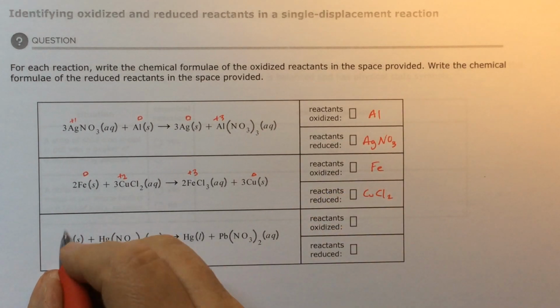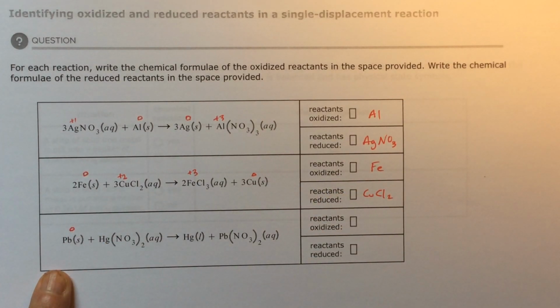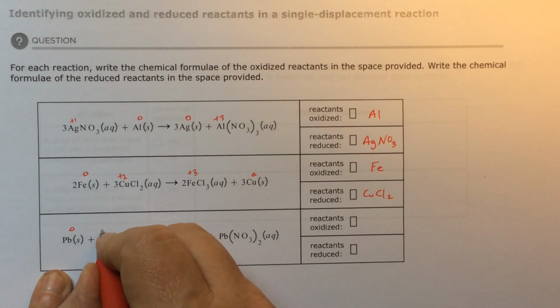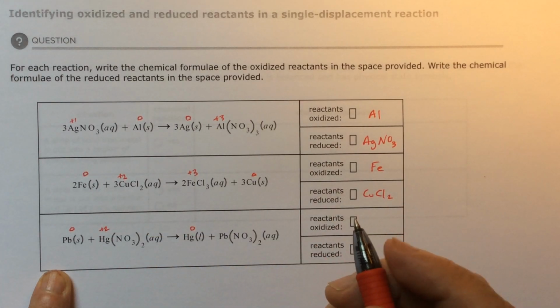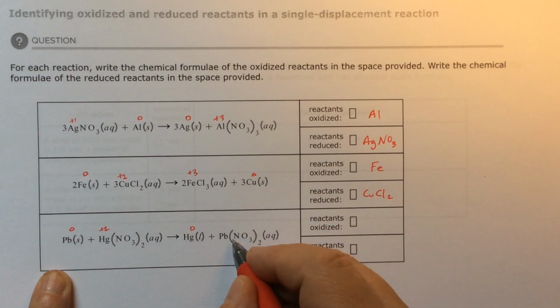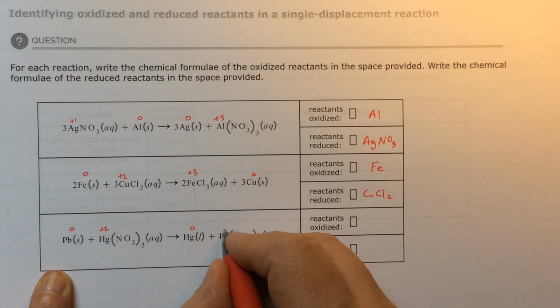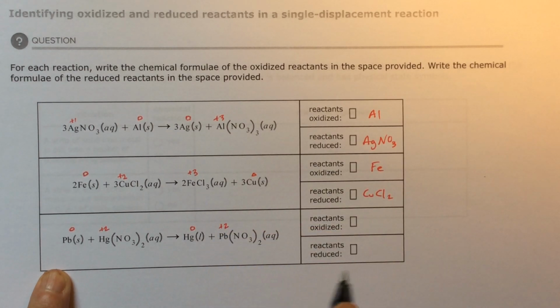In the third one, I've got lead by itself, that's 0. I've got mercury by itself, that's 0. The mercury here is, nitrate is -1, there's 2, so this is -2, so this is +2. And the lead over here, this is -1, I've got 2, so this is +2.